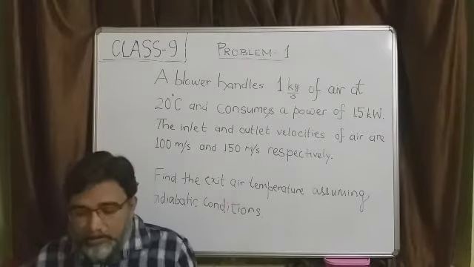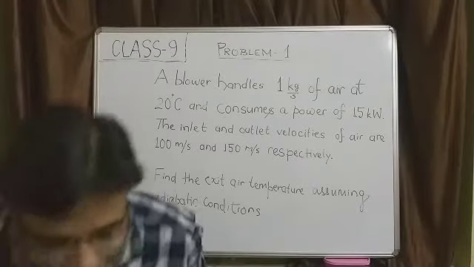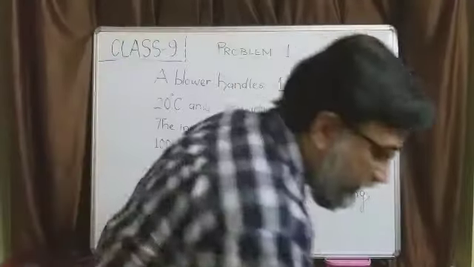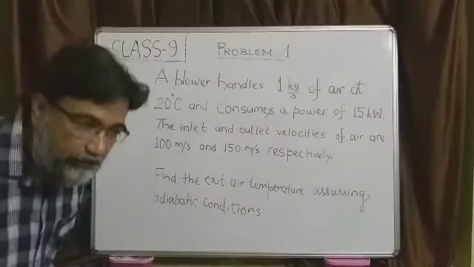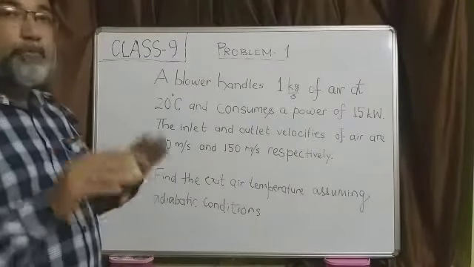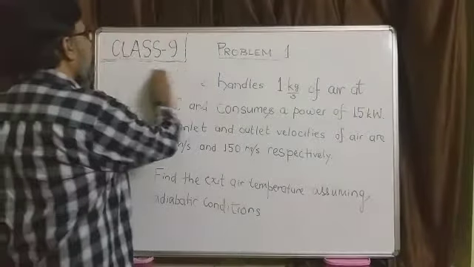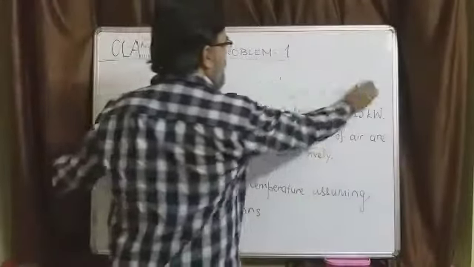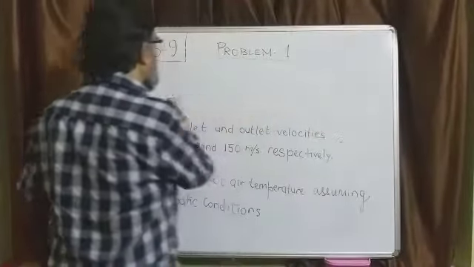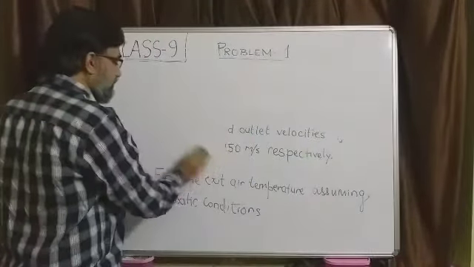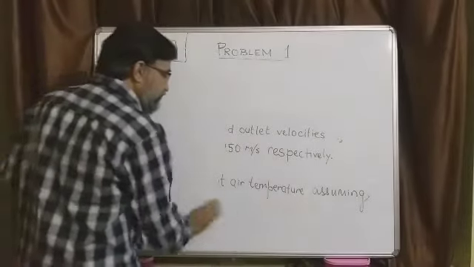Now we will start solving the problem. We'll solve it step by step, and I will also tell you how to present the solution. Like any other thermodynamic problem, we will make a list of given information, but before that we will give a schematic diagram of the process.